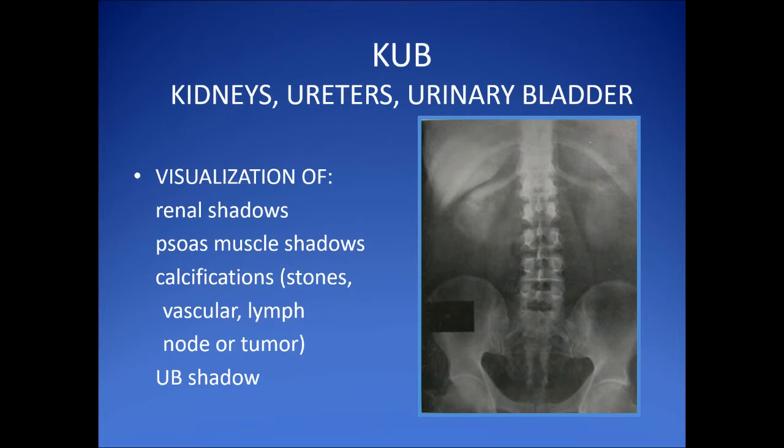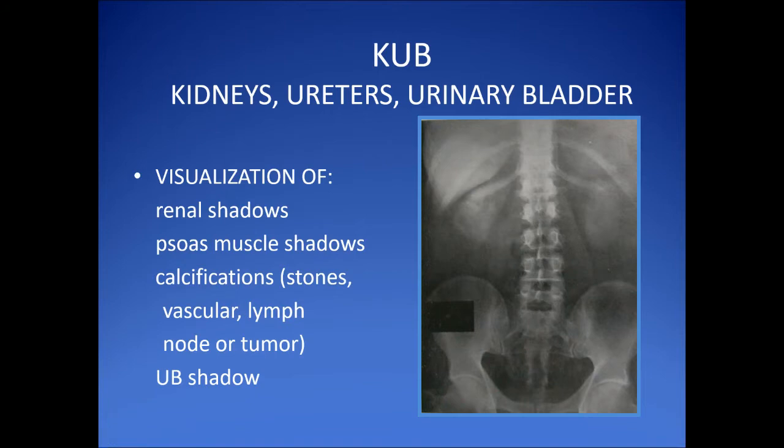One could also see calcifications within the blood vessels. Commonly we can see calcifications in the aorta in elderly patients. Sometimes there are lymph node calcifications or even tumoral calcifications.